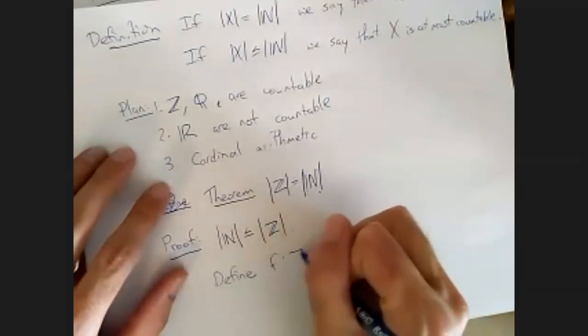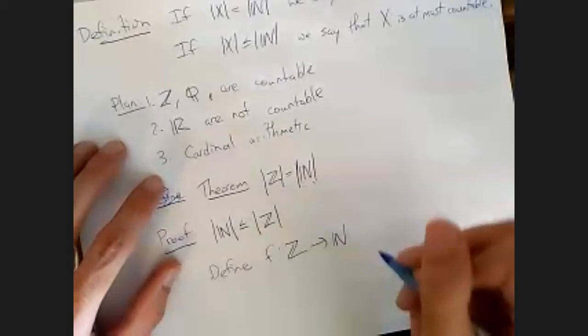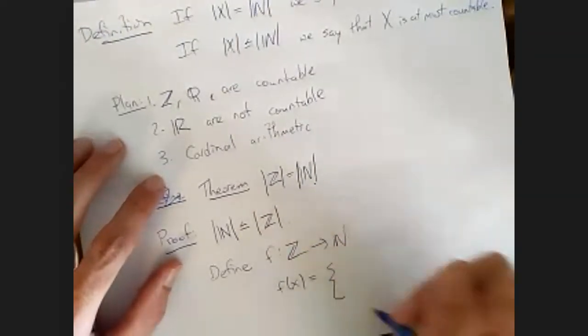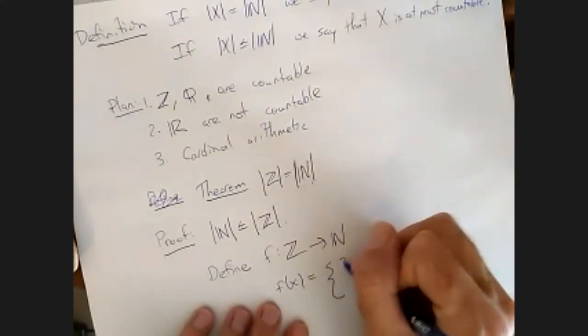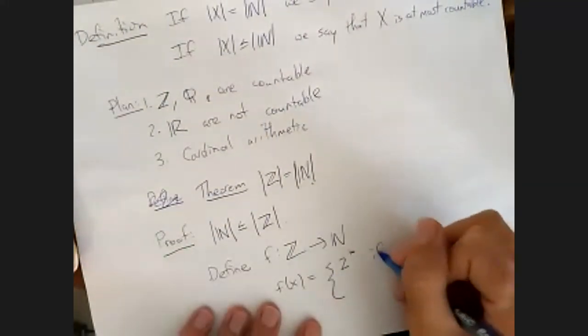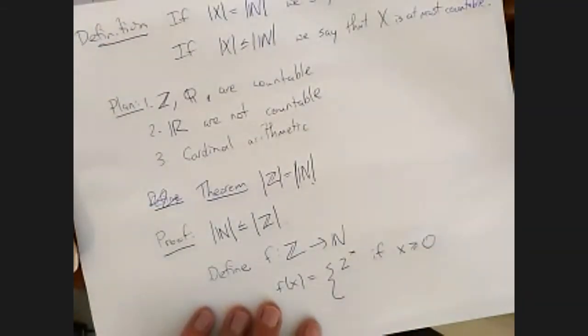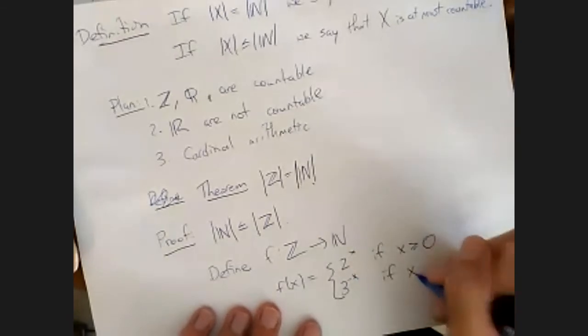Define f from the integers to the natural numbers. Just define it to be: f of x is going to be, let's say, 2 to the x if x is greater than or equal to 0. It's going to be 3 to the minus x if x is less than 0.